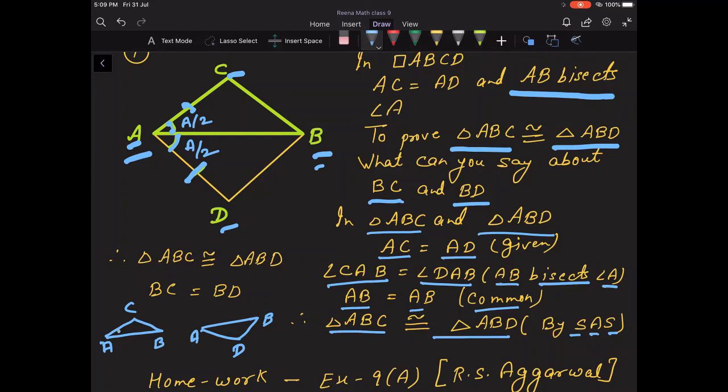This angle is equal to this angle, AC is equal to AD and AB is common. So you can see these two triangles are congruent by SAS. And if these two triangles are congruent, by CPCT we can say that BC will also be equal to BD.